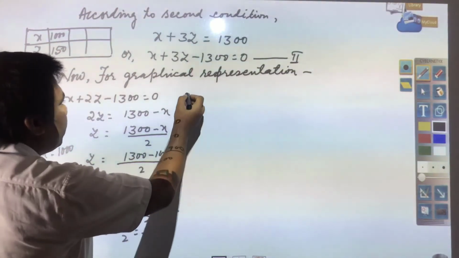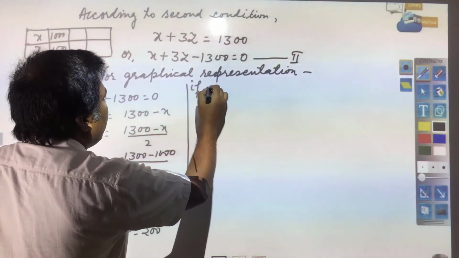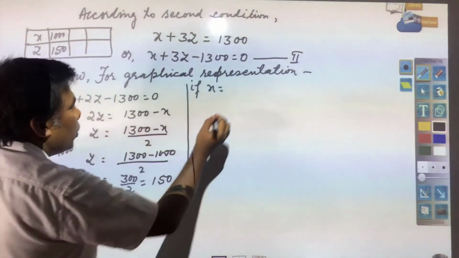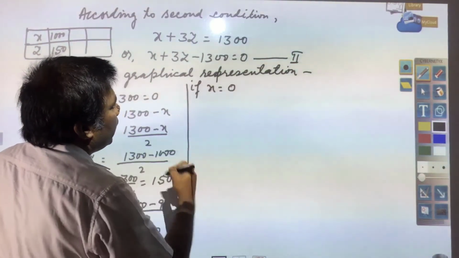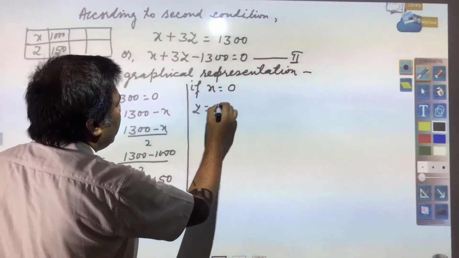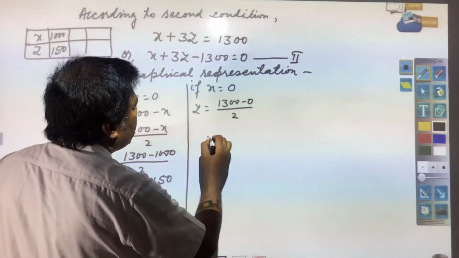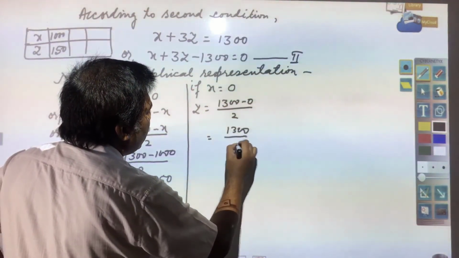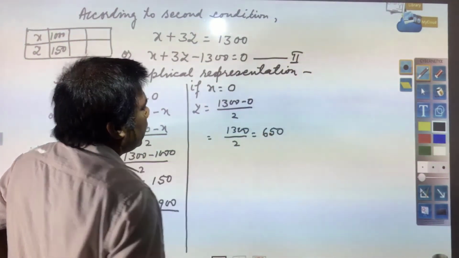Next, you assume x is equal to 0, in that case y will be (1300 minus 0) by 2, which is 1300 by 2, and this will be 650.